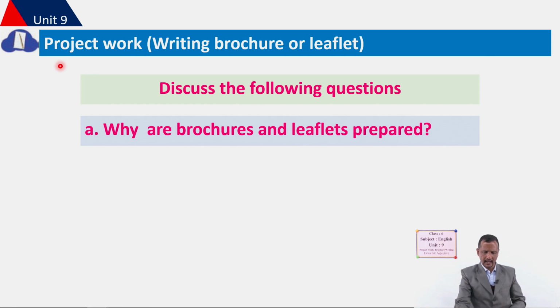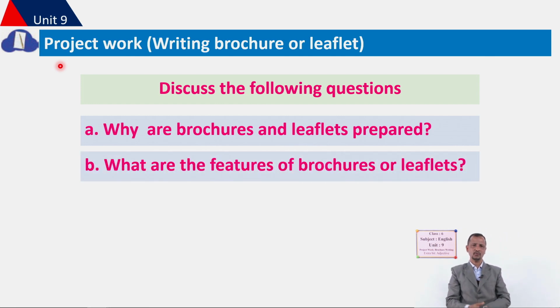And number two, what are the features of brochures or leaflets? Features: how we place information, how we design, and what kinds of information we give while preparing a brochure. So what can you answer?